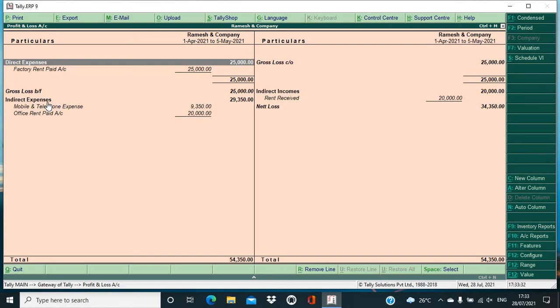Gross profit is nothing but the trading account's gross profit or loss, and net profit is nothing but your profit and loss account's net profit or net loss. This is your trading account under which all the direct expenses and direct incomes come, and this is your profit and loss account under which all indirect expenses and indirect incomes get reflected.